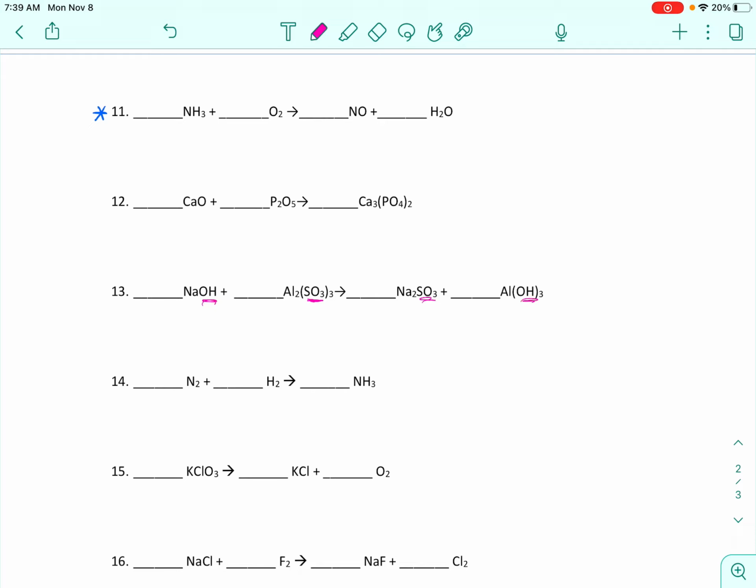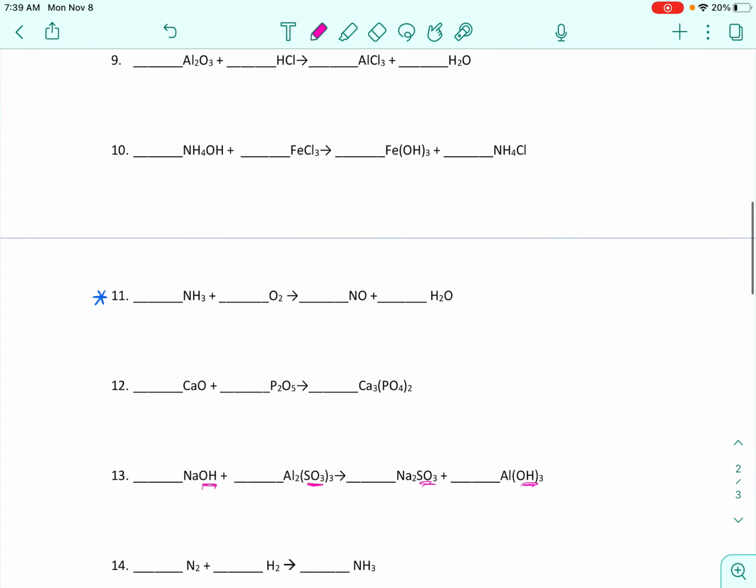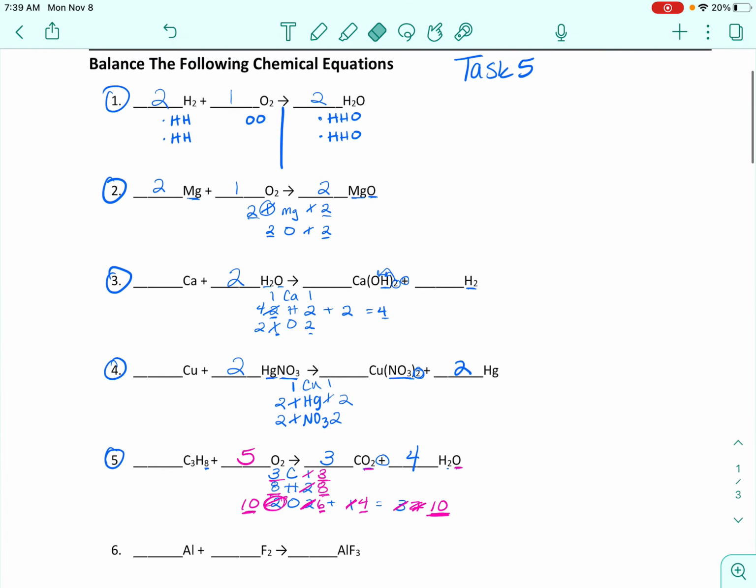So don't separate the oxygens, leave them in their polyatomics. So hydroxide and hydroxide, sulfite and sulfite, leave them together. On 12, you can't do that because phosphate is not in the reactants. So you can only do that if the polyatomic stays together in the reactants and the products, okay?